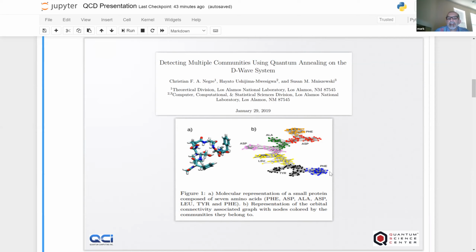So there are 7 amino acids making up this protein molecule. And the modularity is a unitless number between 0 and 1. The modularity that's found for this protein is 0.76. So that's a very high modularity, which is typical of physical science type things.